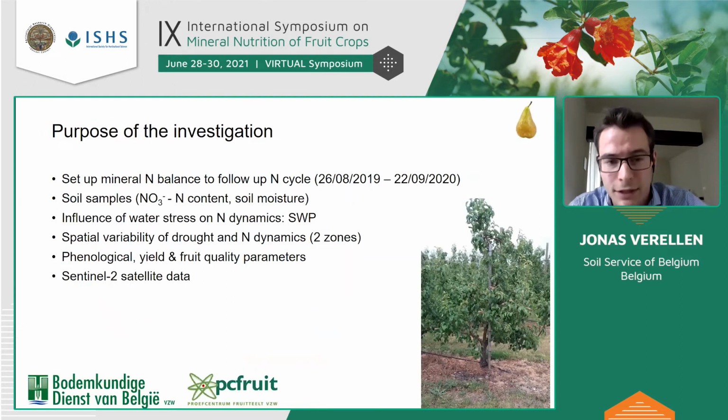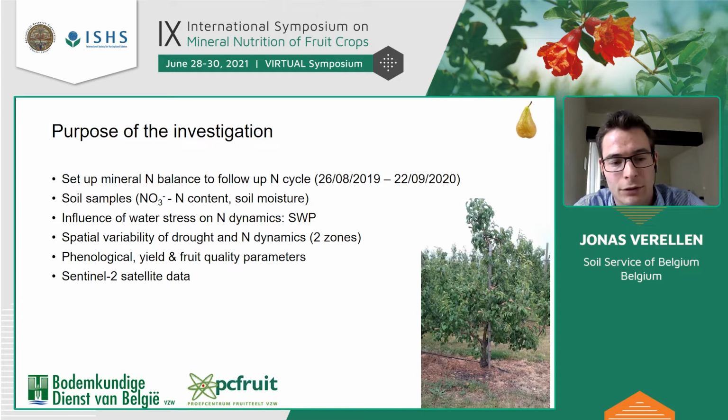The purpose of this investigation is to set up a mineral nitrogen balance to follow up the nitrogen cycle in the pear orchard. For this, soil samples from which the nitrogen content and soil moisture content were determined were taken. Also, the influence of water stress on nitrogen dynamics was determined by using the stem water potential, and spatial variability of drought and nitrogen dynamics was studied in 2 zones of the orchard.